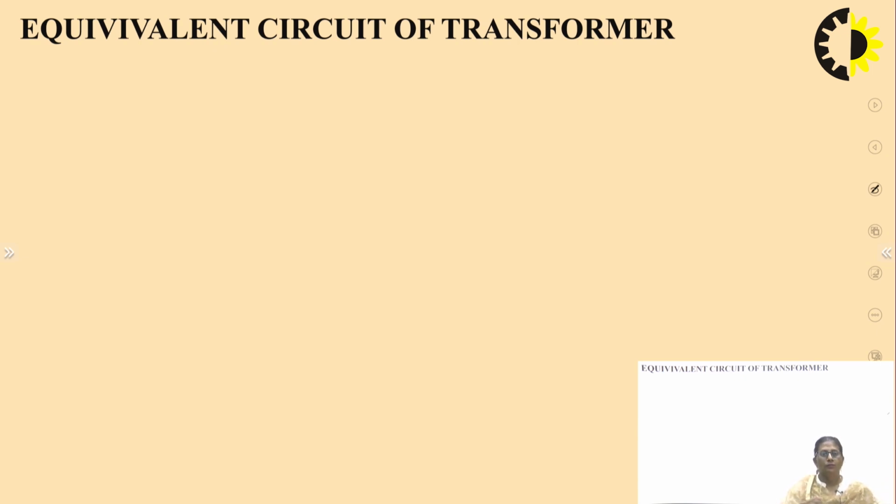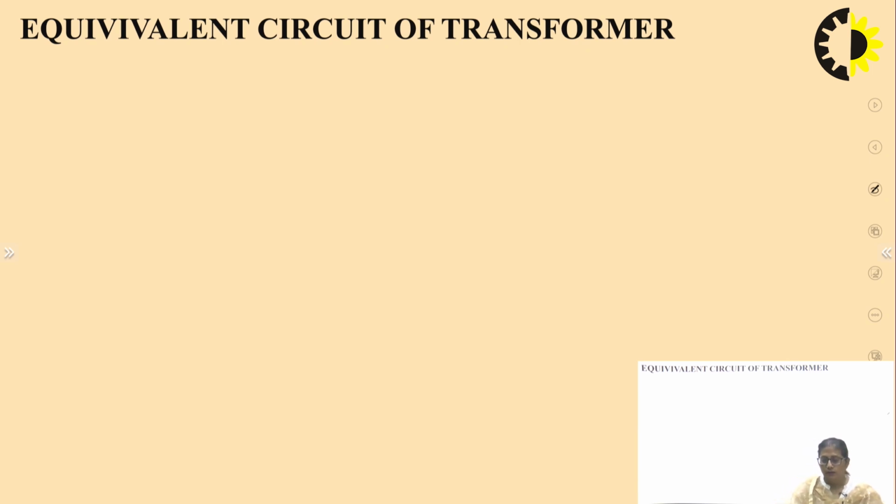To have the efficiency of the transformer, to have the voltage regulation of the transformer, how it is working, to have all those analyses, we need to have the complete transformer being given like a circuit, right? Its winding resistance being given like a circuit, its leakage reactance being given like in a circuit, right? So we'll be forming an equivalent circuit of a transformer, and it may be given in various ways.